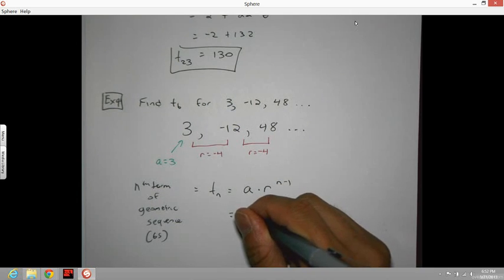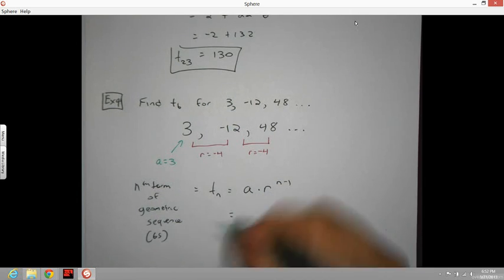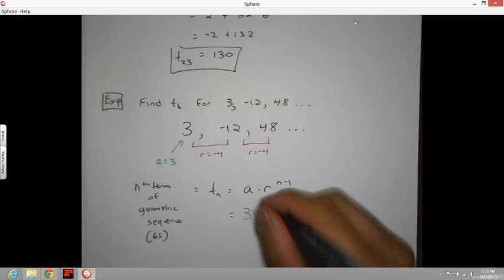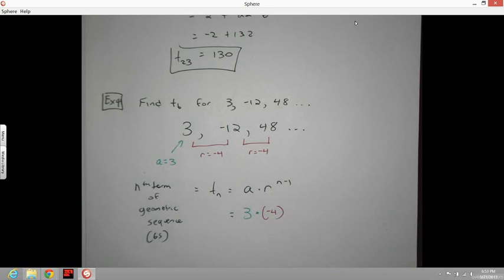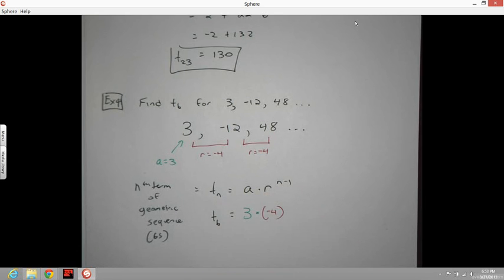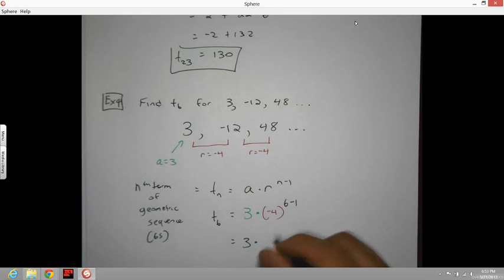I'm going to write it down right here. Do I know my R? Yep, know that too. It's going to be negative 4. Do I know my N? Well, what term am I interested in? Well, the 6th one, isn't it? So it's going to be 6 minus 1. Of course, these bases can't multiply. I have 3 times negative 4 to the 5th power.